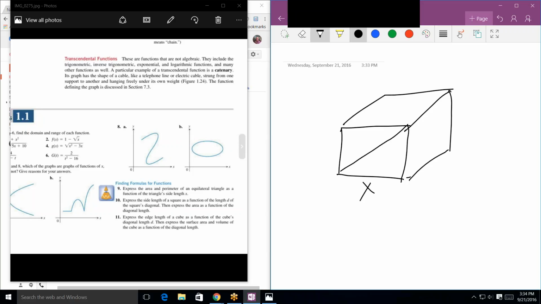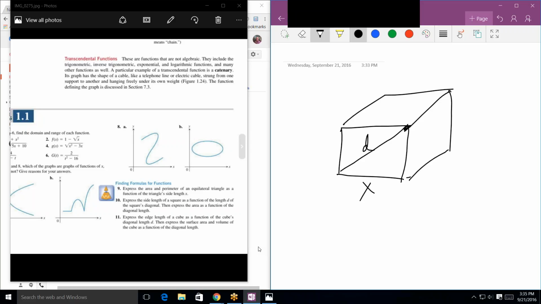Well, there's the square's diagonal. We'll call that d. Okay? Notice they didn't say the cube's diagonal, because the cube's diagonal would be from this lower left all the way to this upper right. It would be a completely different line than the square's diagonal.